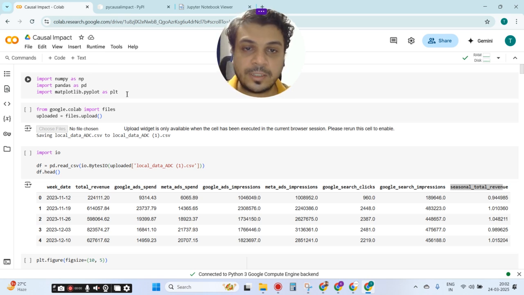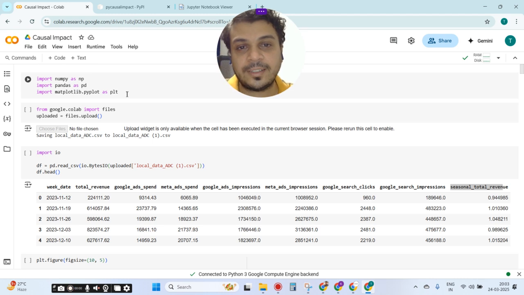So CausalImpact by Google, this package, is one such example. Then there are others, like some solutions from EconML. Some of these are by Uber, some are by other companies. A lot of companies come up with their own statistical or advanced ML methods for causal measurement. EconML is one, DoWhy is one, PyWhy.